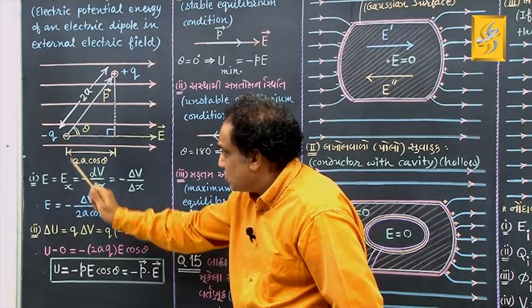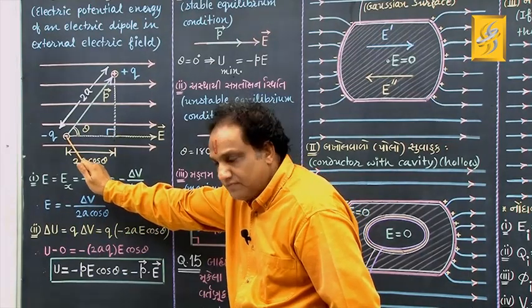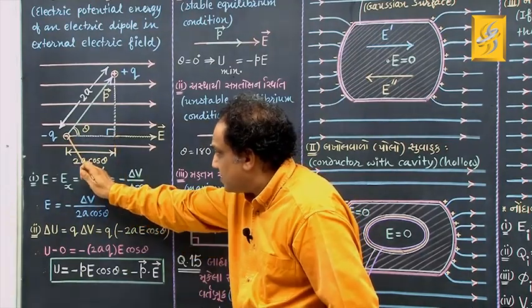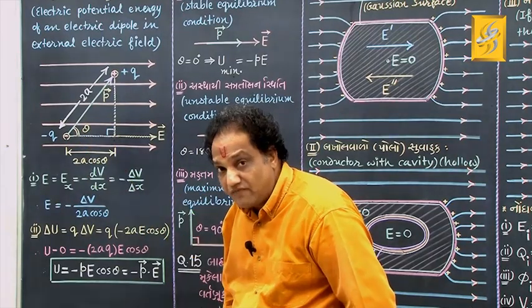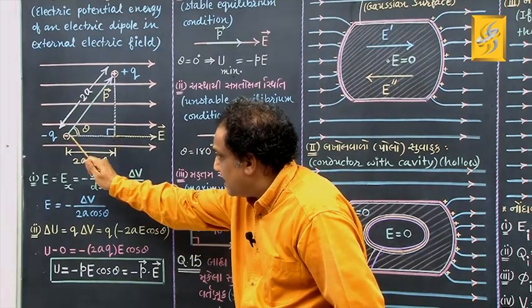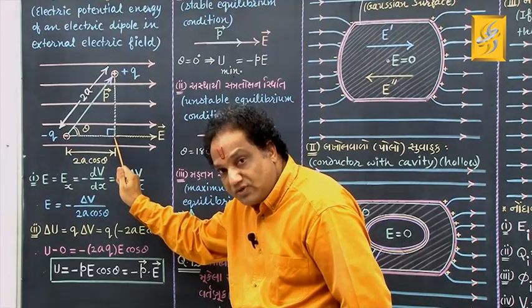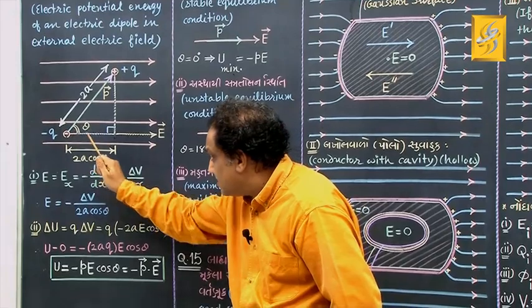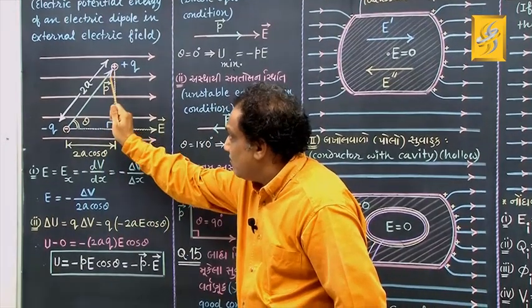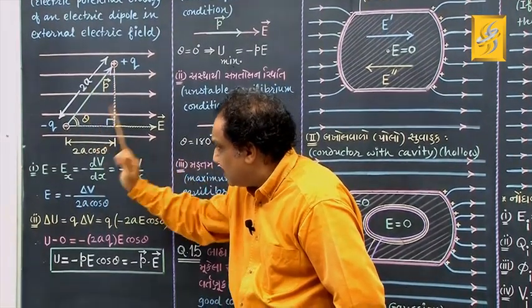Fine. So here x coordinate is 0 and here x coordinate is this much. So change in x coordinate will be this x coordinate minus 0, that is this much, okay, and that change in x coordinate delta x would be this much, which is component of 2a adjacent to theta.